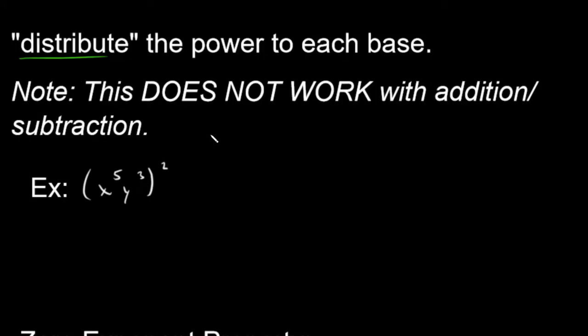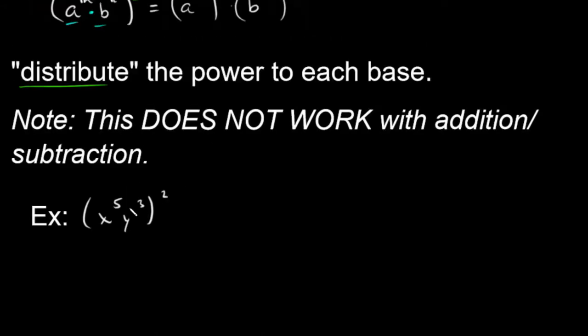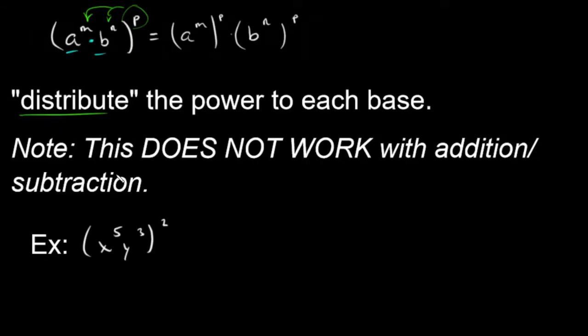So let's look at an example here. You've got x to the 5th, y to the 3rd quantity being raised to the 2nd power. So what the property says is that you can take this exponent here and multiply it into this power and this power by presenting it like this: x to the 5th to the 2nd, y to the 3rd to the 2nd.